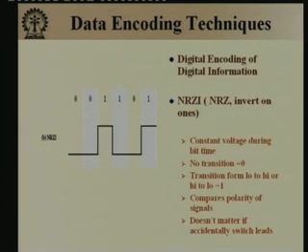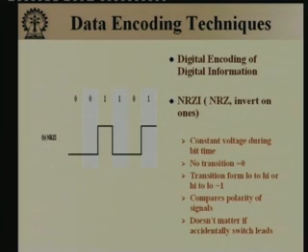So, the same bit pattern 0 0 1 1 0 1 is represented by a different voltage pattern over here. There is no transition for 0 0, and then there is a 1, so there is a transition, there is another 1, there is a transition, 0, no transition, then again a 1, then another transition. So, this is another way of encoding.